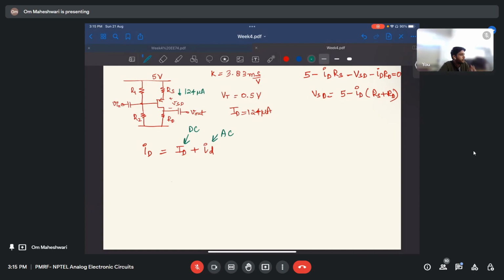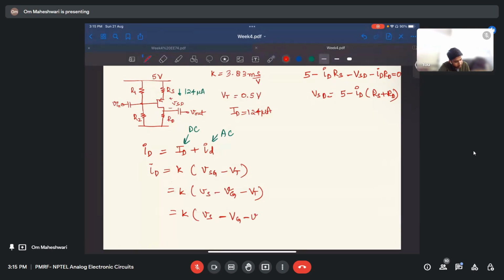If I expand this, ID equals K times VSG minus VT, equals K times Vs minus VG minus VT, equals K times Vs minus small VG, which is VG minus V in, minus VT.